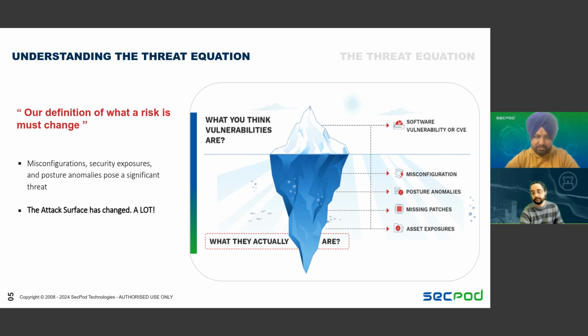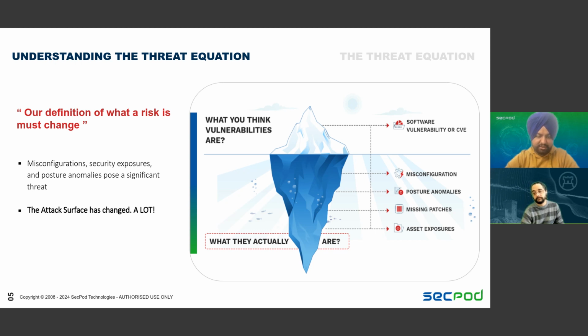From our research, what we found is that when we define the vulnerability landscape in order to assess the attack surface, just 56% of that whole surface area is defined by software vulnerabilities. The rest of it is due to what is not being looked at today.